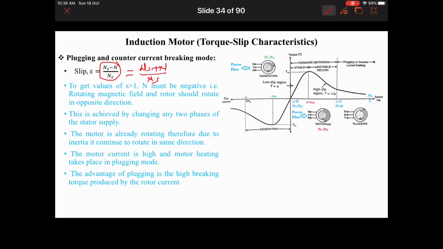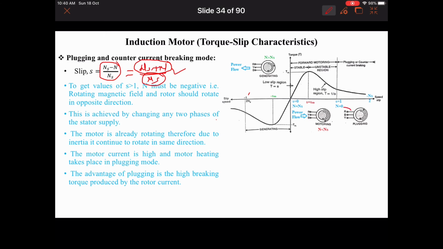Then the slip will be greater than 1 because the numerator is greater than the denominator. The physical significance of this statement is that the rotating magnetic field and the rotor rotate in opposite directions to get the value of slip s greater than 1.